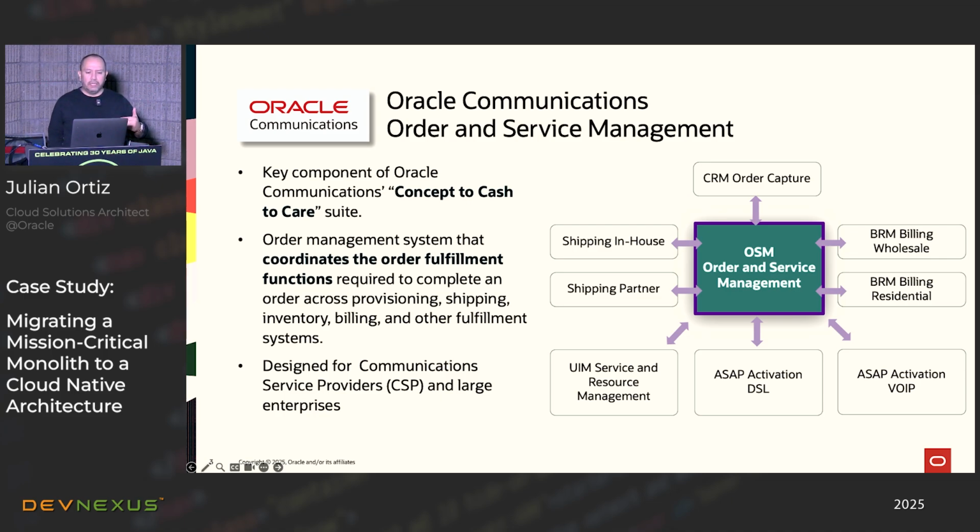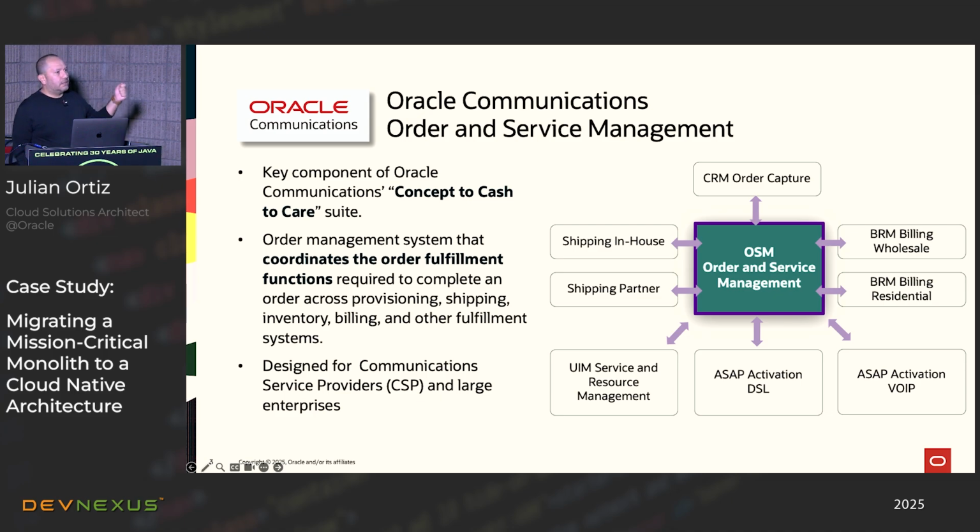We then integrate with, let's assume that we are going to ship the equipment to your home, and we have to set up a billing around the equipment and the service. So the next step is to use the billing BRM, billing and revenue management, on the right side. And this basically takes care of the invoices.